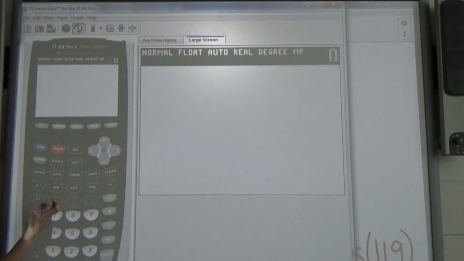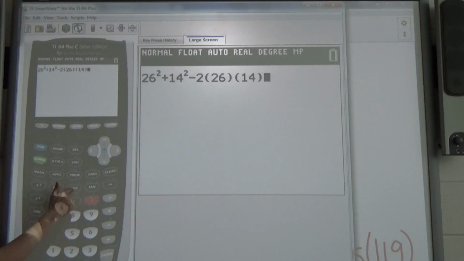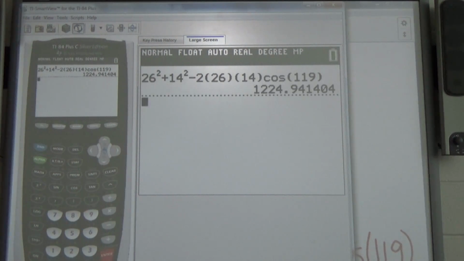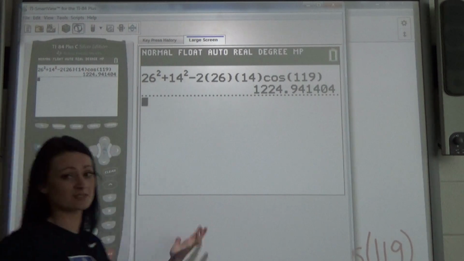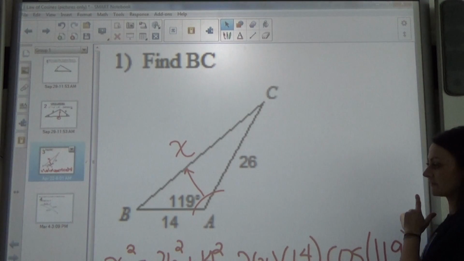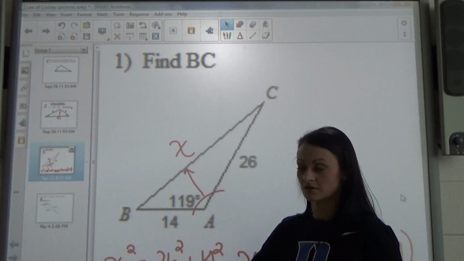So I'm going to say I have 26 squared plus 14 squared minus 2 times 26 times 14 times the cosine of 119. And I can hit enter. And you're probably thinking, well, Ms. Thompson, that's a really big number. And the reason being is this is x squared.